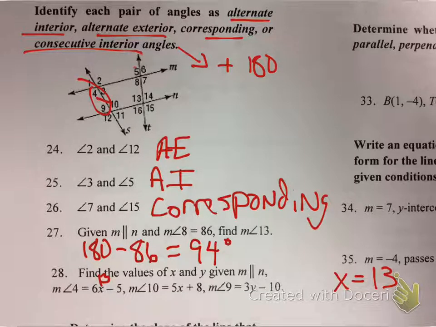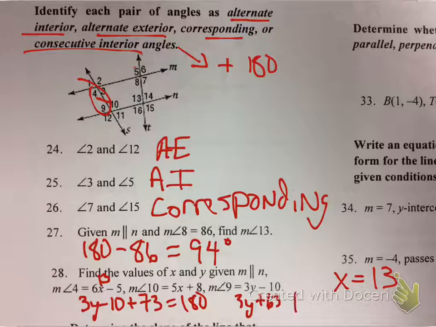So I'm saying that 3y minus 10 plus 73 is equal to 180. So that would give me 3y plus 63 equals 180. Then you would subtract 63 and then divide by 3. When I subtracted 63, I got 117, divided by 3, and I got y is equal to 39.